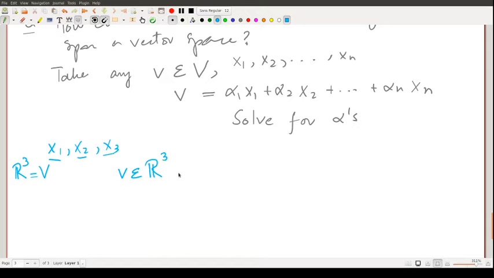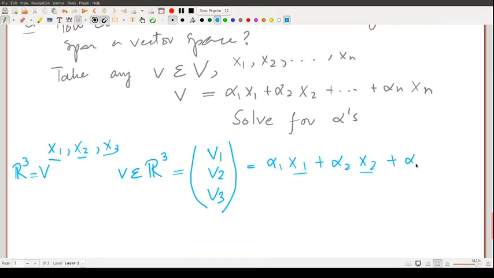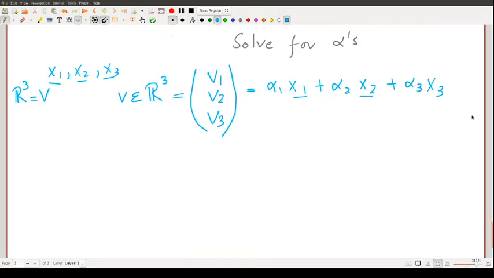Now if it's from R3, then of course it looks something like this: v1, v2, v3, and you need to show that this equals alpha 1 x1 plus alpha 2 x2 plus alpha 3 x3, and you have to essentially solve for alpha 1, alpha 2, alpha 3 in terms of v1, v2 and v3.